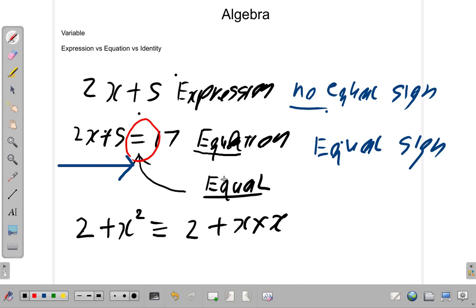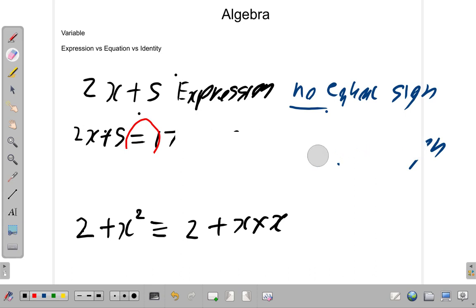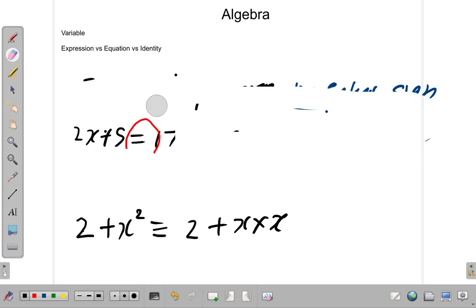Now, what's the difference between this and the equation? Let me erase some of these things first and get a little more space. I didn't really want to erase equation, but let's erase it anyway. We won't be talking about the expression in the remaining part of the video, so let's just erase that.